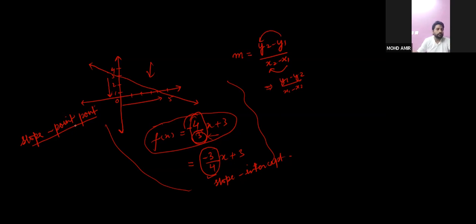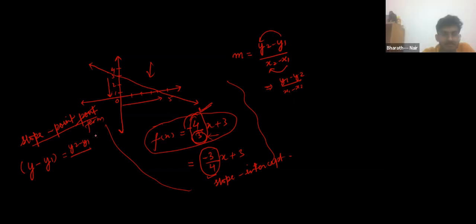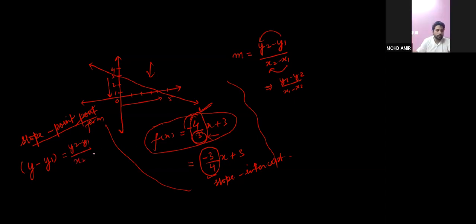So the slope-point form is like y minus y1 or y2, whatever you wish to write. You can take any point. It is equal to the slope, y2 minus y1 over x2 minus x1, and in the bracket there will be x minus x1, since we chose y1.